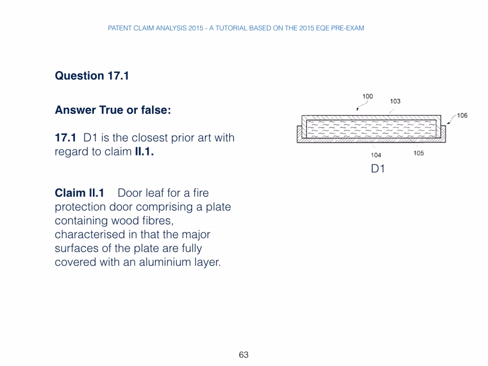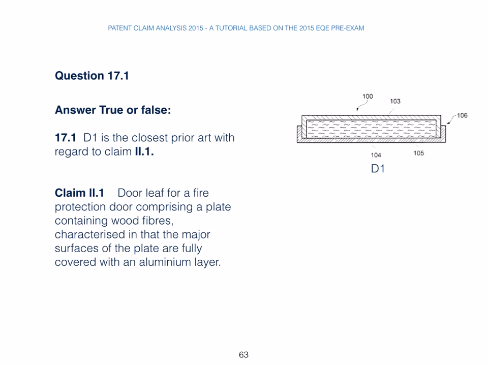The question presupposes that claim 2.1 is novel over D1, so we have to find out what is novel about it. D1 has all of the features of the claim except for the fact that the plate surfaces are covered by a metal or steel layer, not an aluminium layer.